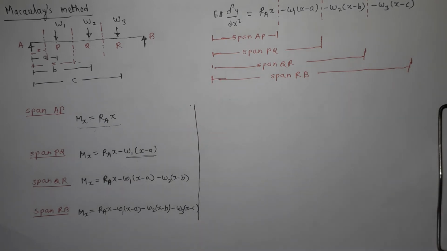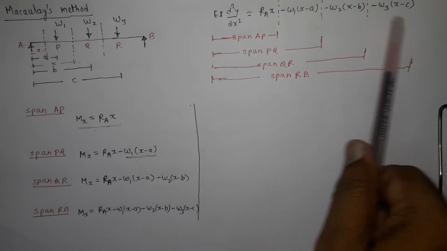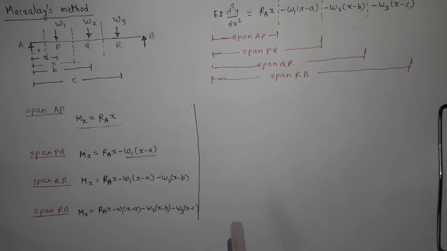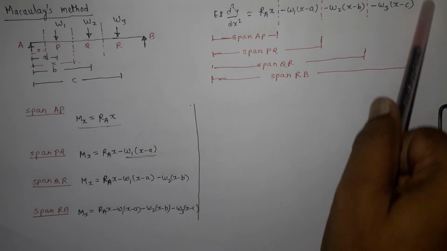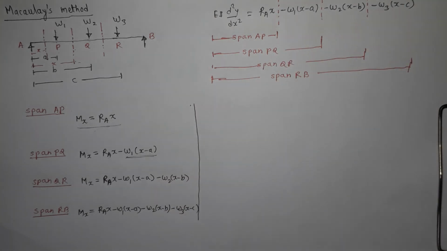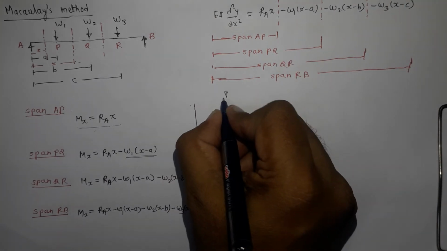So this is how the differential equation for bending moment can be written as per the Macaulay's suggestion in partition format. And depending upon with which subspan you want to work, you will have to consider the equation accordingly. Once you understand this, then you will have to integrate the above equation.